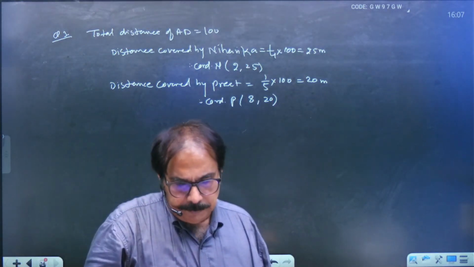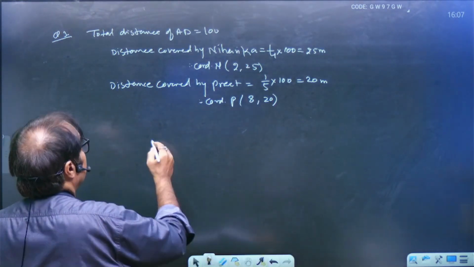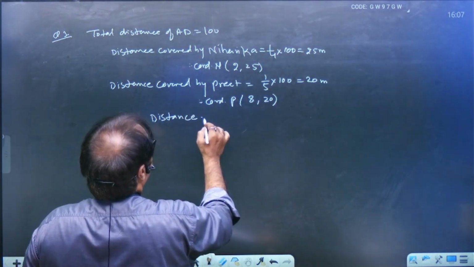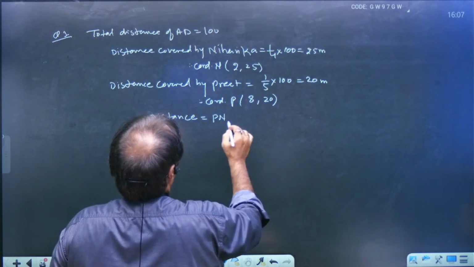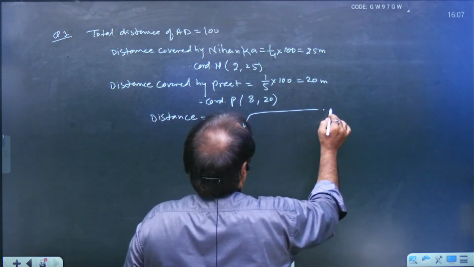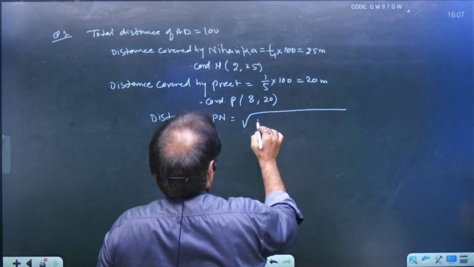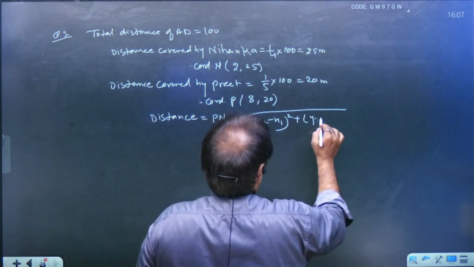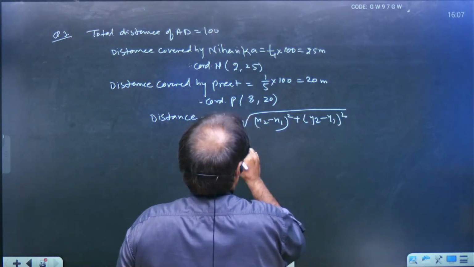So what is the distance between both the flags? Distance PN, by applying the distance formula, is equal to the square root of (x2 minus x1) whole square plus (y2 minus y1) whole square.